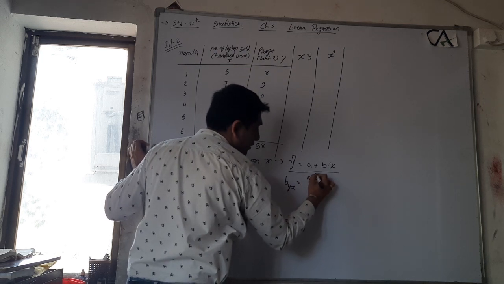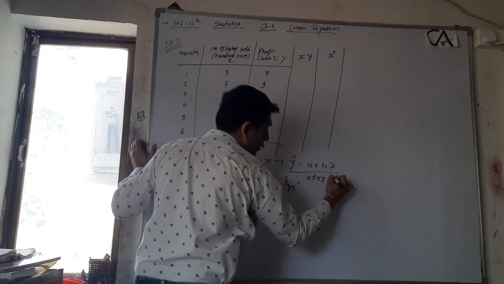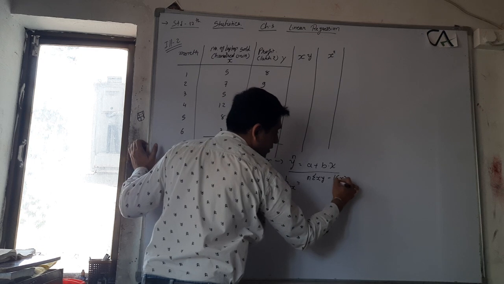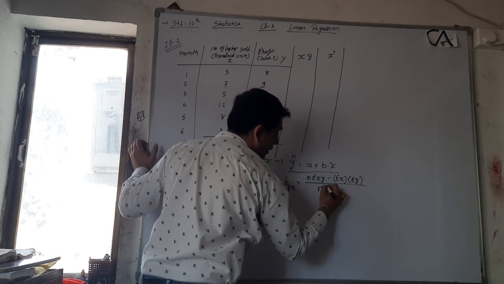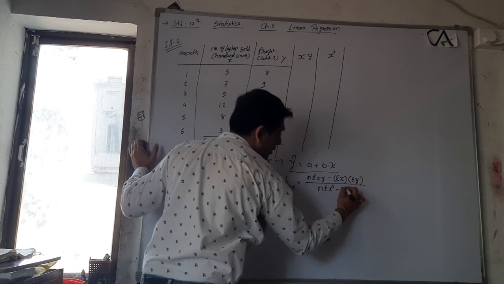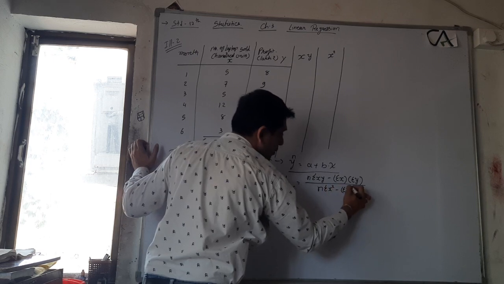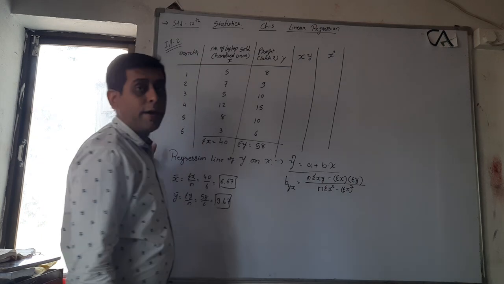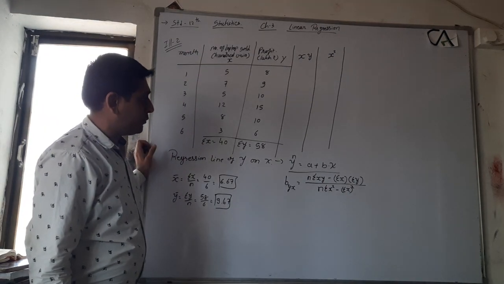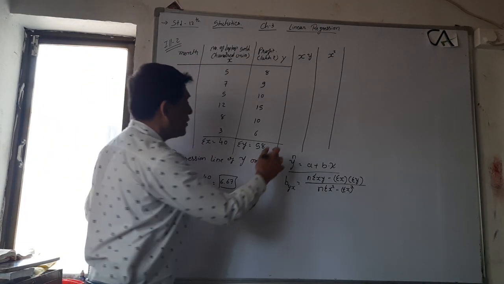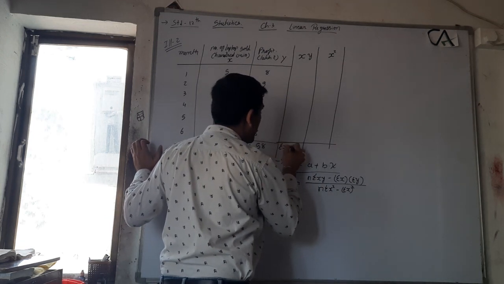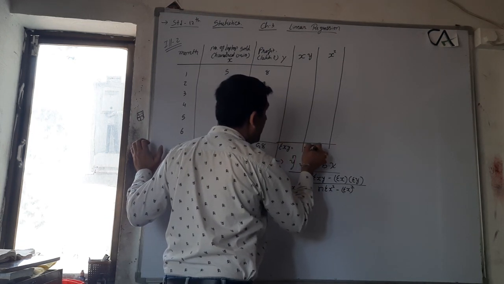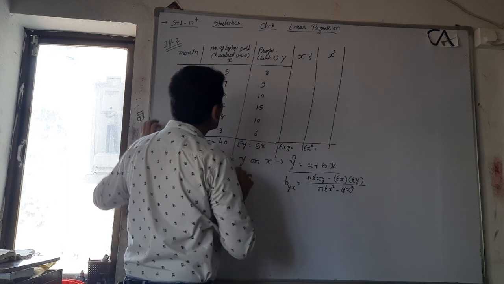Byx is sigma xy minus sigma x sigma y upon n, over sigma x square minus sigma x all square. Right? Okay. For this we have to calculate sigma xy and sigma x square.